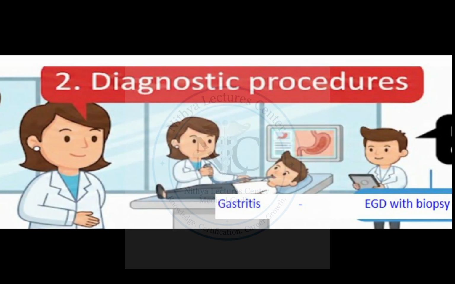Coming to diagnostic procedure, the condition requires extra tests or specialized procedures. For example, if a patient is suspected of having gastritis, performing an EGD with biopsy satisfies this requirement. So this comes under diagnostic procedures.